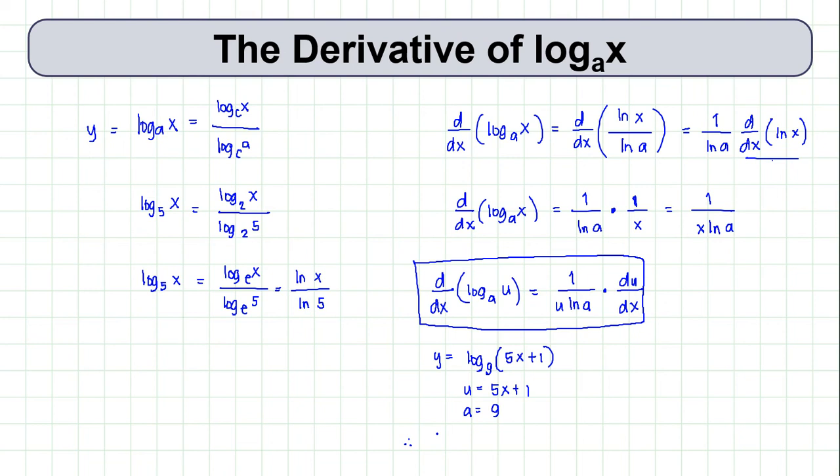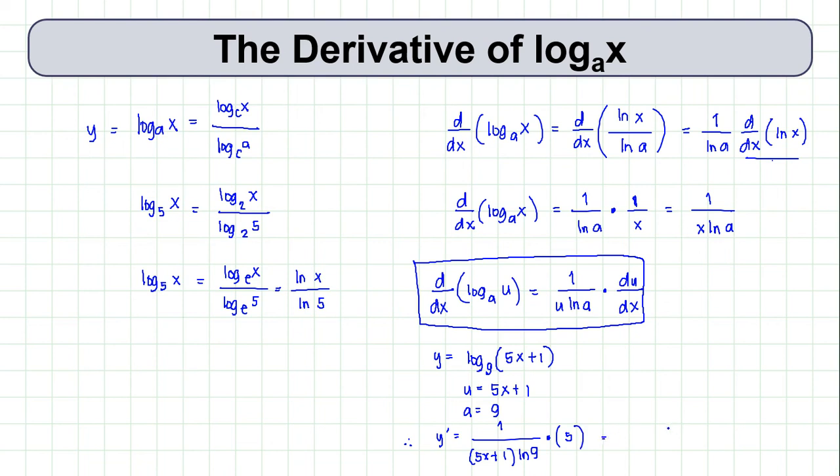Therefore, y prime is equal to 1 over u, ay 5x plus 1, times ln ng 9 times derivative daw ng 5x plus 1, which is equal to 5 plus 0.